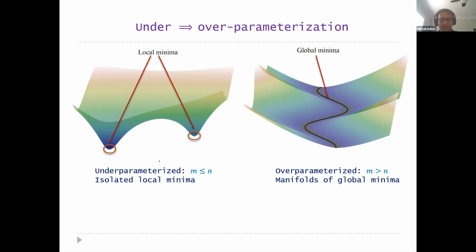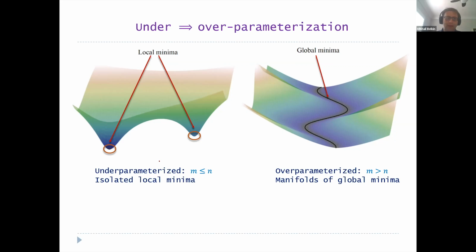In over-parameterized settings, you have more parameters than constraints, and you have manifolds of global minima. These global minima are not local anymore, although every local minimum is also global in the picture on the right. And you have these types of manifolds.